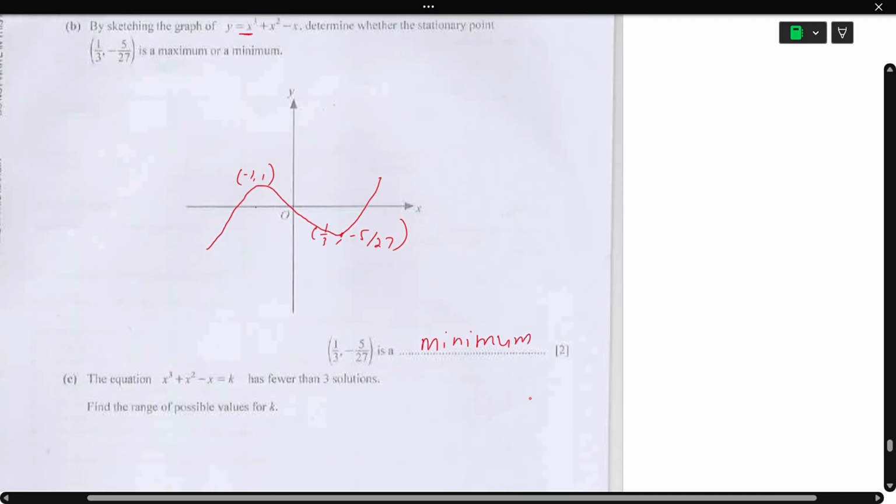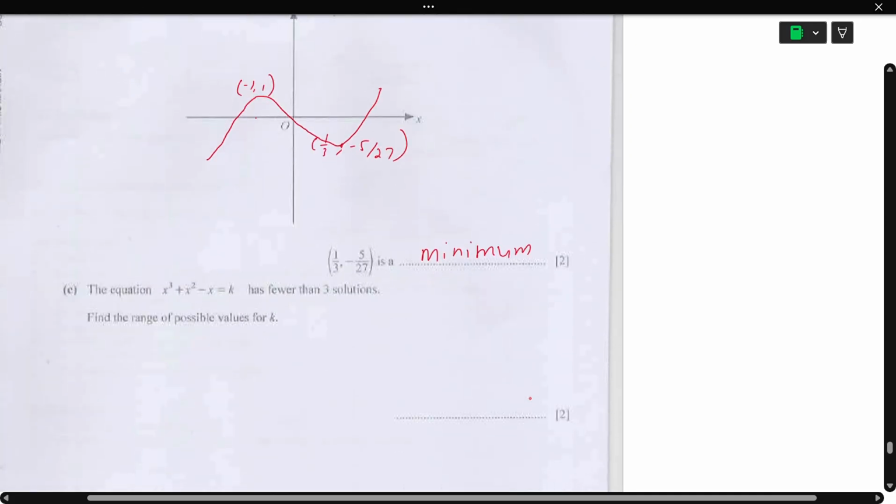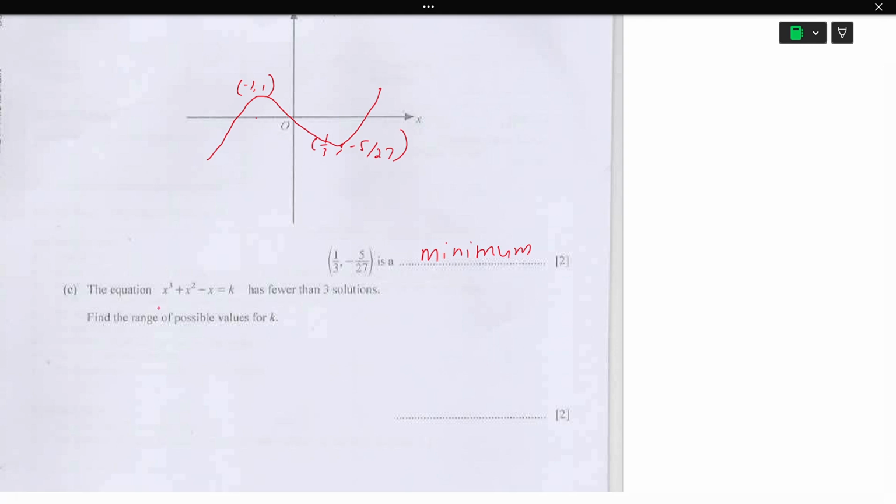Okay. Next question. The equation x cube plus x square minus x equal to k has fewer than 3 solutions. Find the range of the possible values of k. So this k equal to y, so we need to find that value only. Check y equal to 1 and y equal to negative 5 over 27.